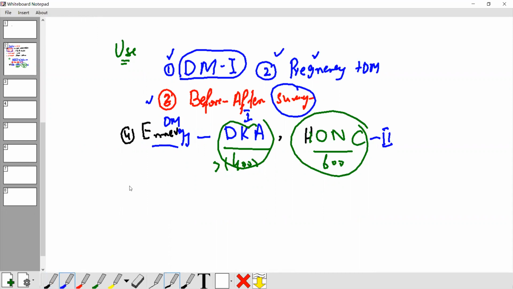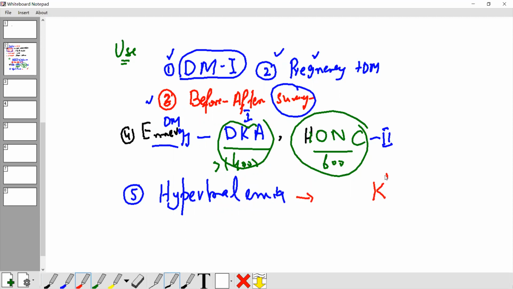Number five, another use of insulin: we use it for hyperkalemia. Also an important extra use of insulin. What is the function of insulin regarding potassium? Insulin shifts potassium from the ECF into the cell, the intracellular fluid.